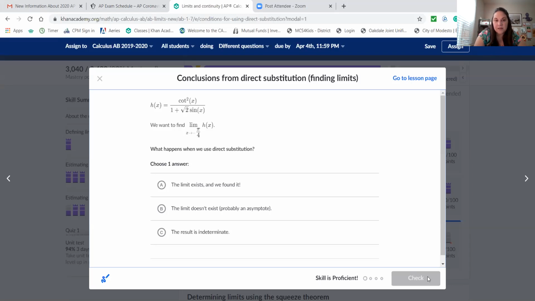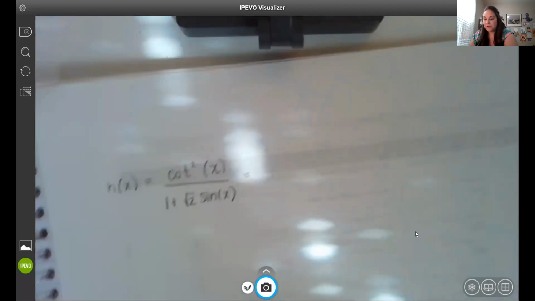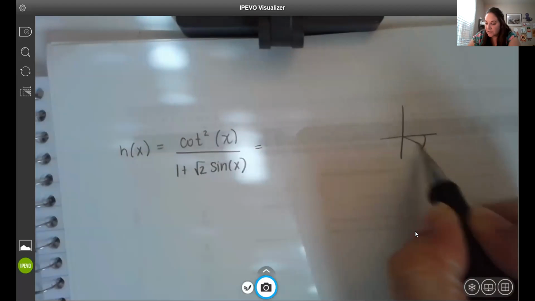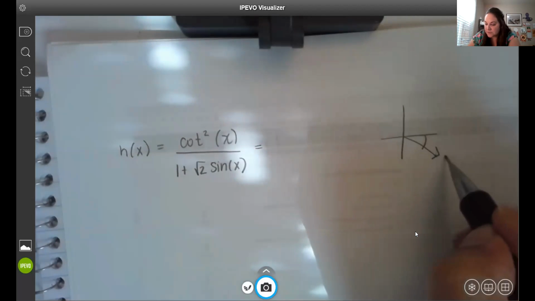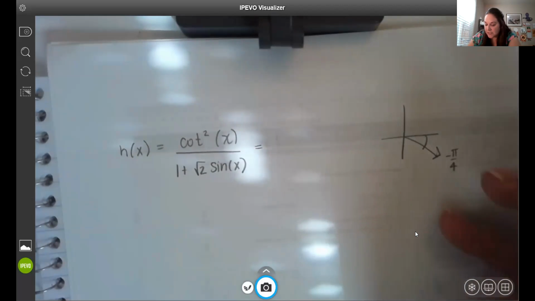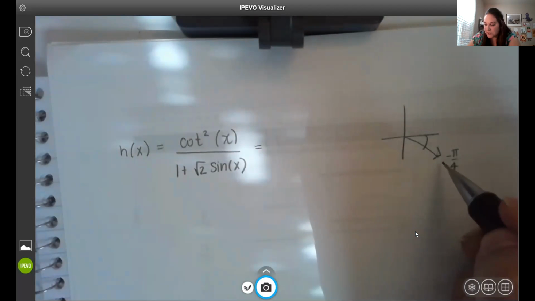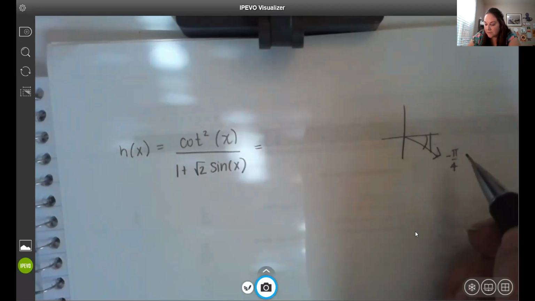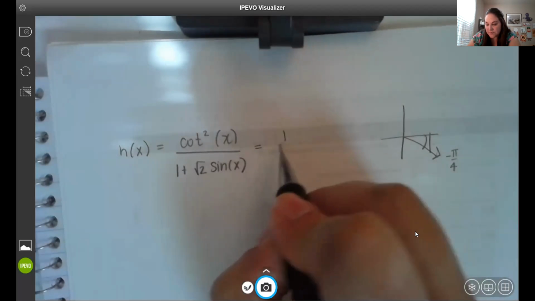So I'm going to stop here so you can watch me work here. Now we're going to negative pi fourths, right? So negative pi fourths right here on the unit circle. And so the cotangent, these 2 legs would be of the same value. That would be negative 1, but squared, that would just be 1, right?